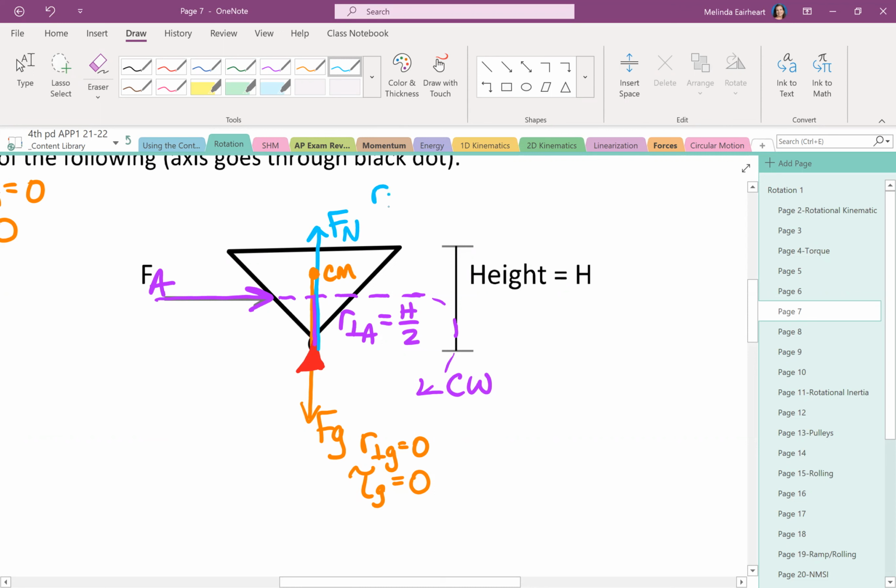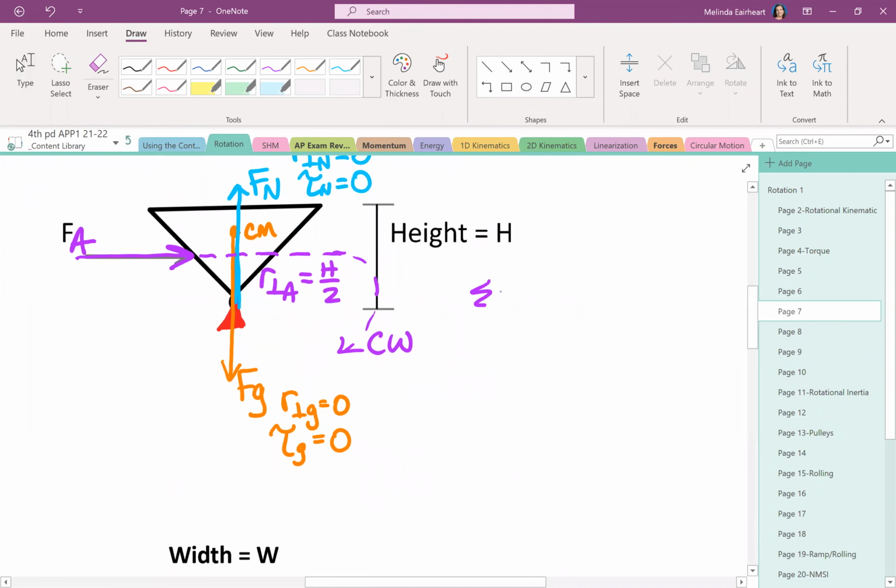So what's the lever arm for your normal force? 0. What's the torque in normal? 0. And so on this one, it's again just the applied force that has net torque. And so net torque would be the applied force times its lever arm, which was H/2. That's it in the present tense.